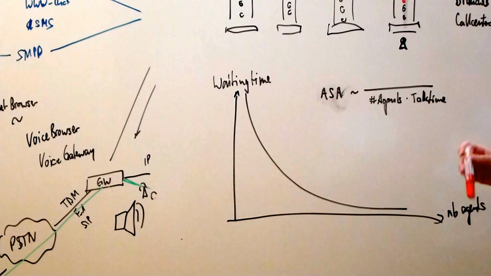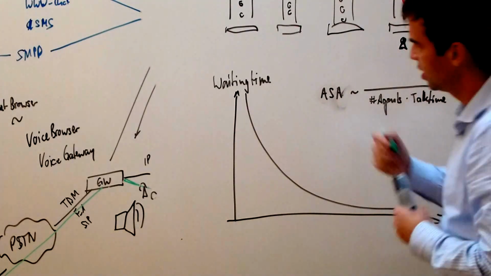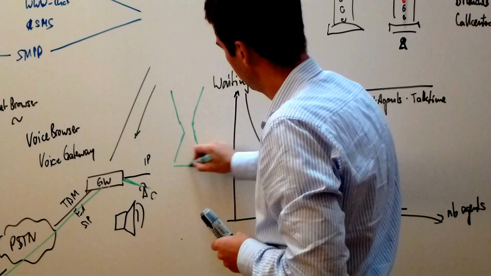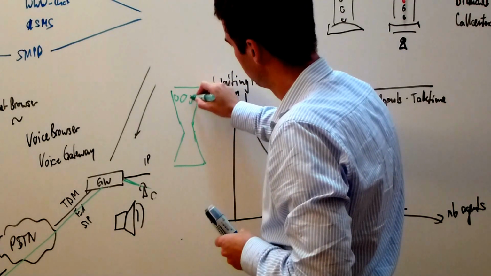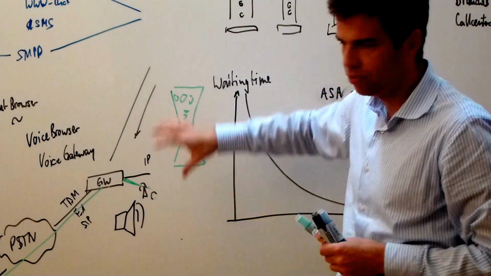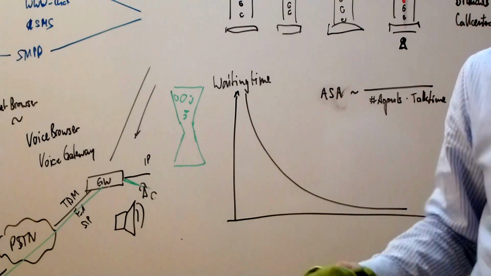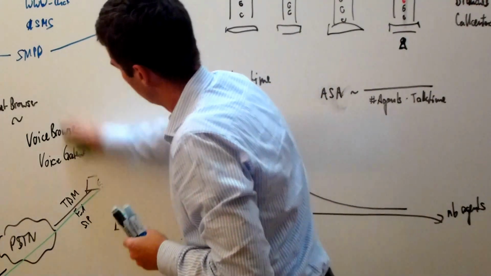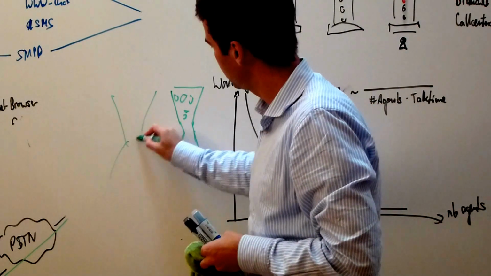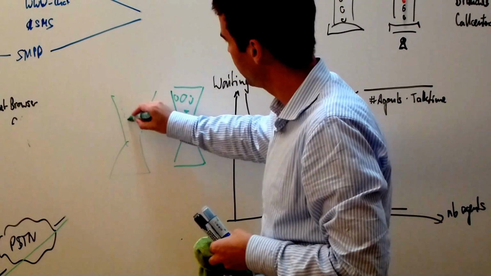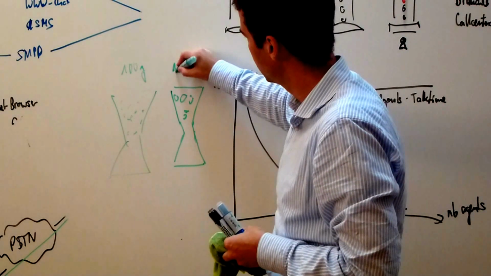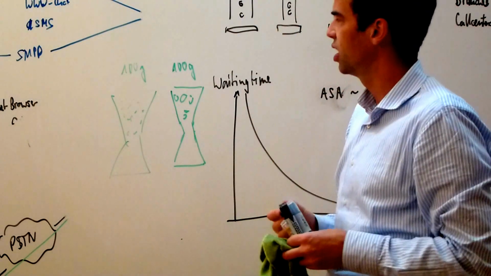Another way to illustrate this is with an hourglass. You have an hourglass with 100 grams of sand up here. If you have 100 grams of big, clunky sand, do you think it will go through the hourglass more quickly than 100 grams of very fine sand?